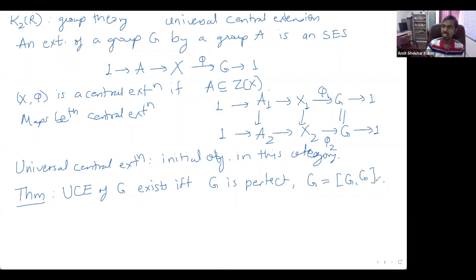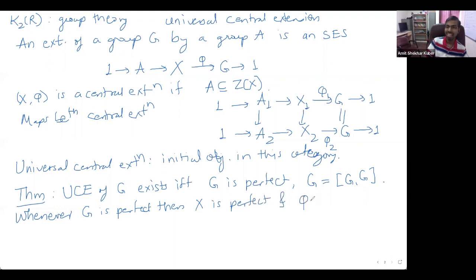So you see, a universal central extension of G exists if and only if G is perfect. Moreover, whenever G is perfect, then X is perfect, and phi is simply the projection map.